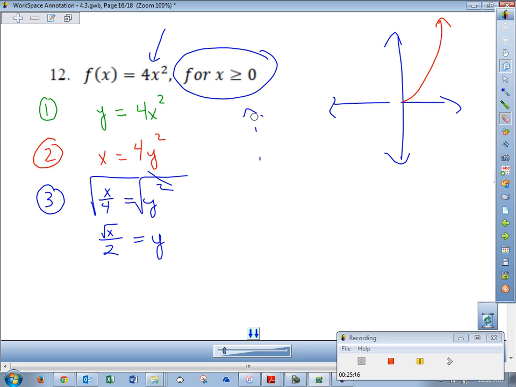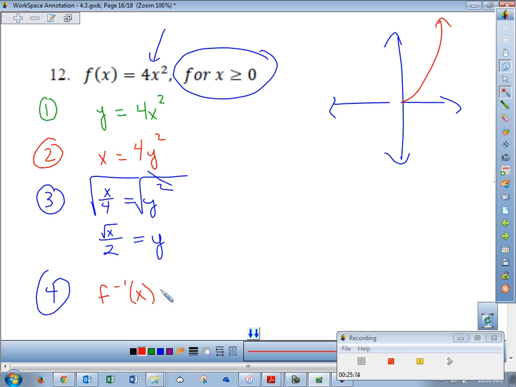So no dice. That's step 3. Step 4, switch y to f inverse. And if I graphed him, he would look like this. Ooh. You see that those reflect to each other over the line y equals x.